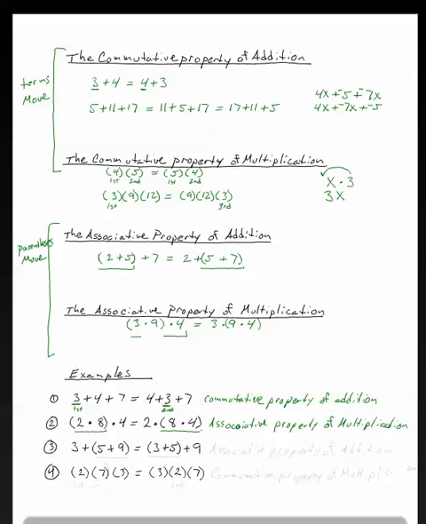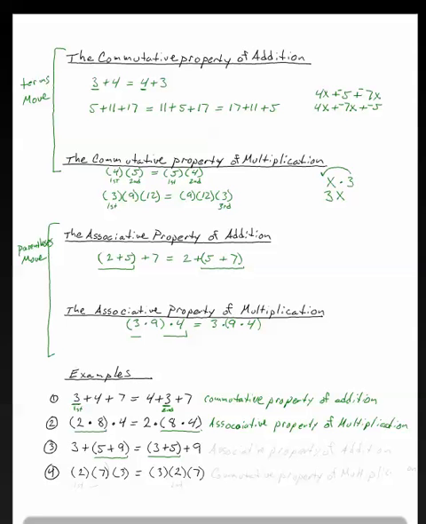Moving on to number 3, once again, the first thing I'm going to look at is the order of the numbers. 3, 5, 9 on the left, 3, 5, 9 on the right. Same order, and the only difference is here the second and third term get associated first, and on the other side we've got the first and the second being associated first.